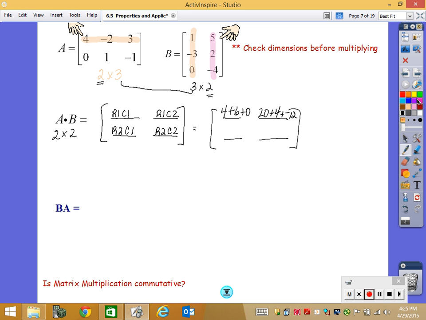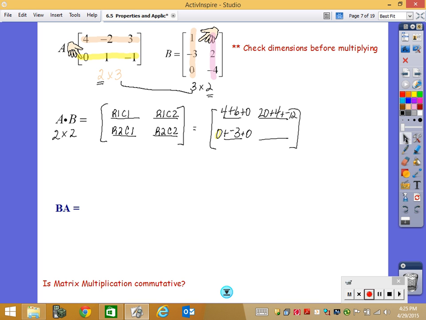Next position, row 2, column 1. So now row 2, column 1. 0 times 1, 0. Plus 1 times negative 3, negative 3. Plus negative 1 times 0, 0.